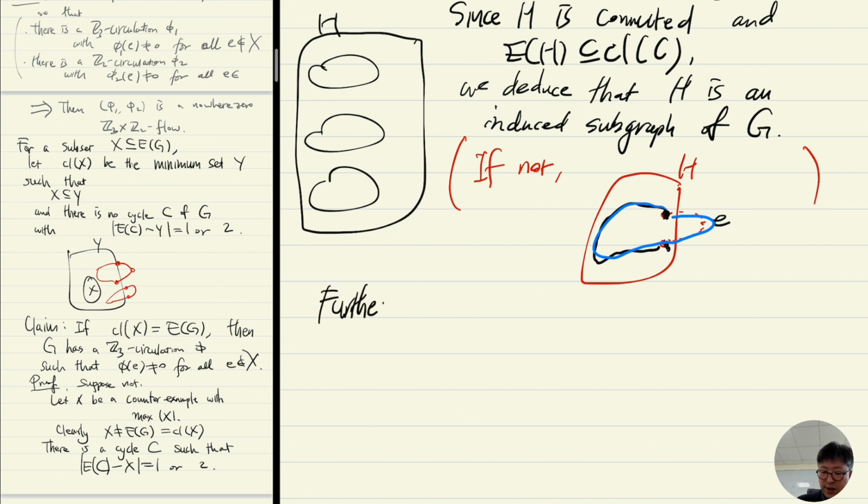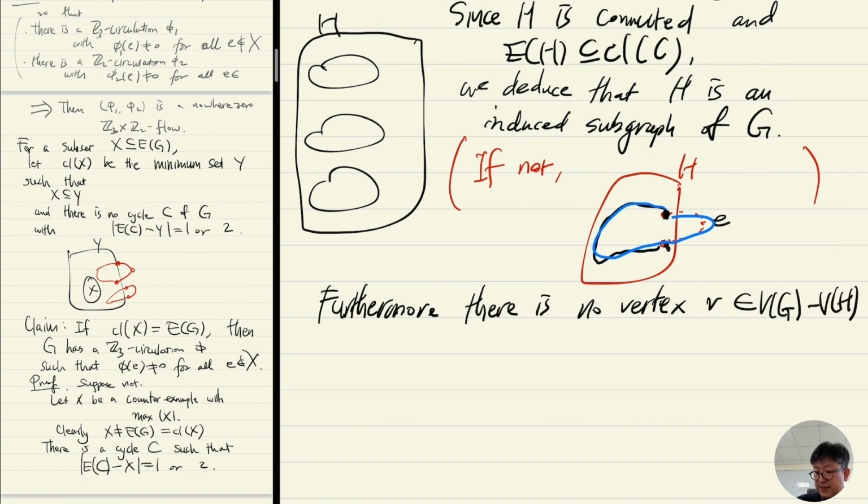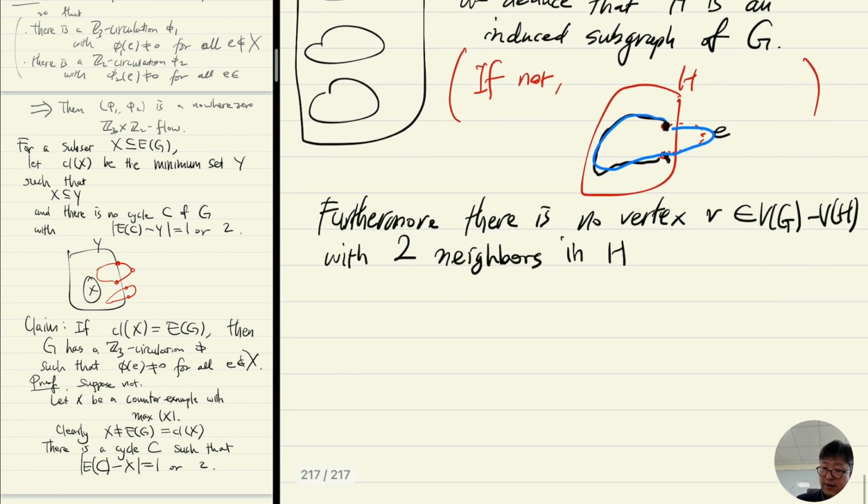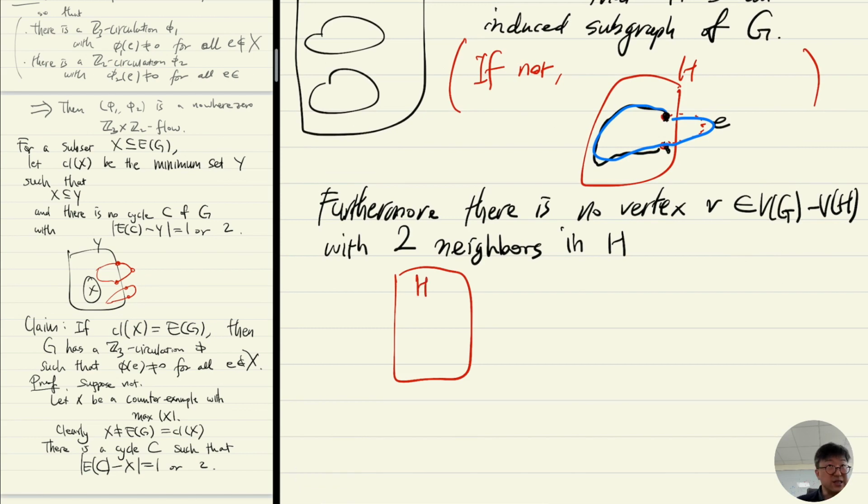Furthermore, there is no vertex V in V of G minus V of H with two neighbors in H. Why? Here's the H. Now it's an induced subgraph.